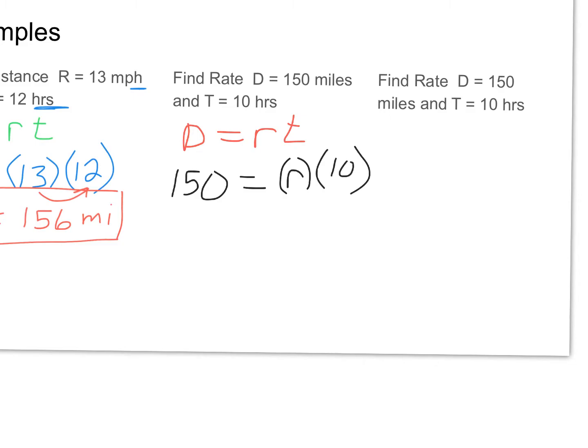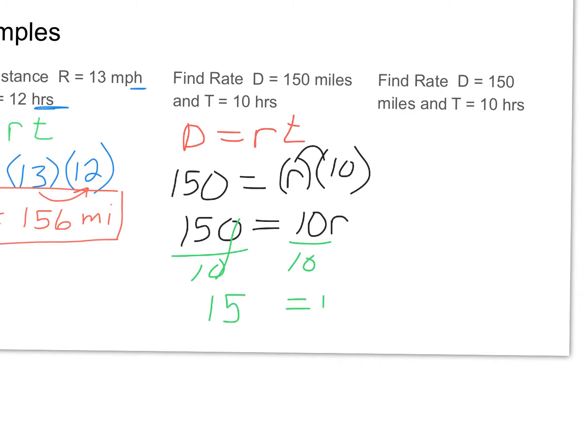So 150 equals 10R, because 10 times R is 10R. Divide by 10. So therefore 15 is equal to R. Now you have to be careful with your units. We're going miles in 10 hours, so miles per hour. And there's that one.